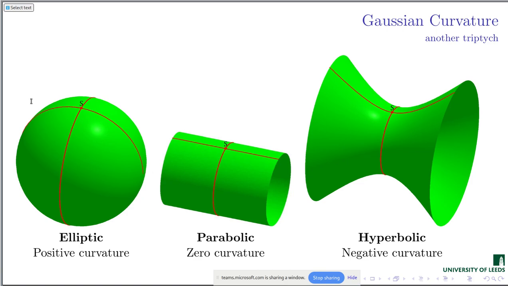So if we take the sphere and start to make it wider in one direction, it becomes, instead of a sphere, some ellipsoid. And if we go further and stretch it to infinity, that wide ellipsoid eventually becomes the cylinder.